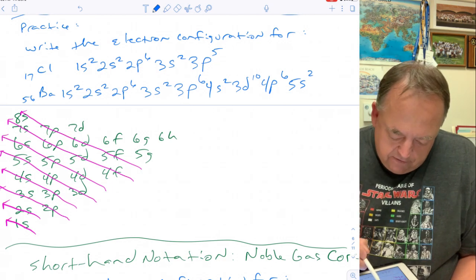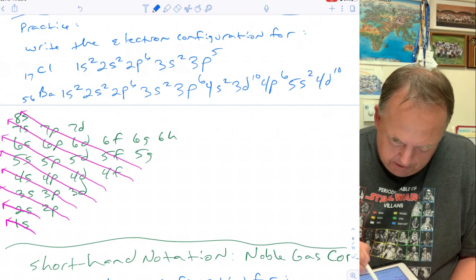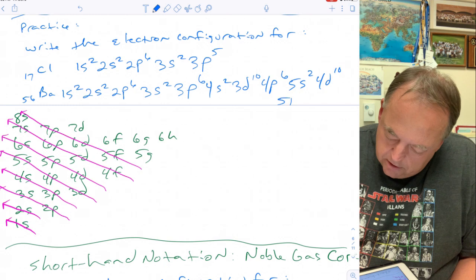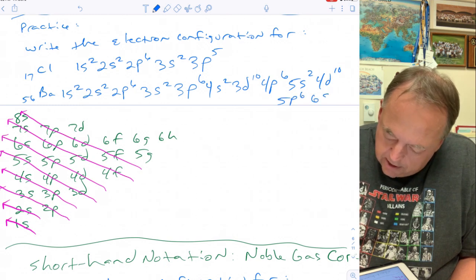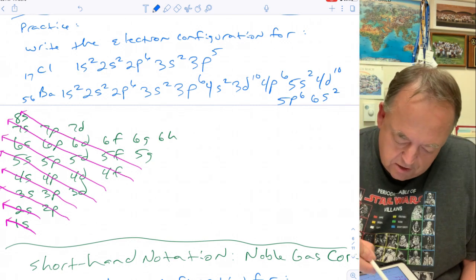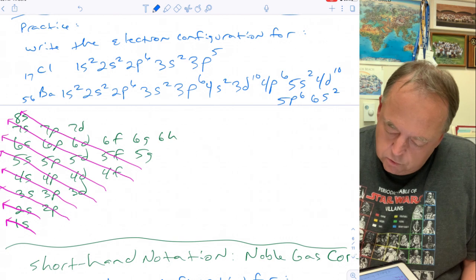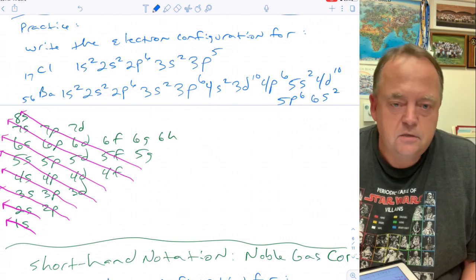And then after 5s, we go to 4d. It can hold 10. After 4d, we go to 5p. It can hold 6, and then after 5p, we go to 6s, and it can hold 2. And hopefully that's 56 electrons. So 2, 4, 10, 18, 20, 36, 48. That's 56 electrons, right?